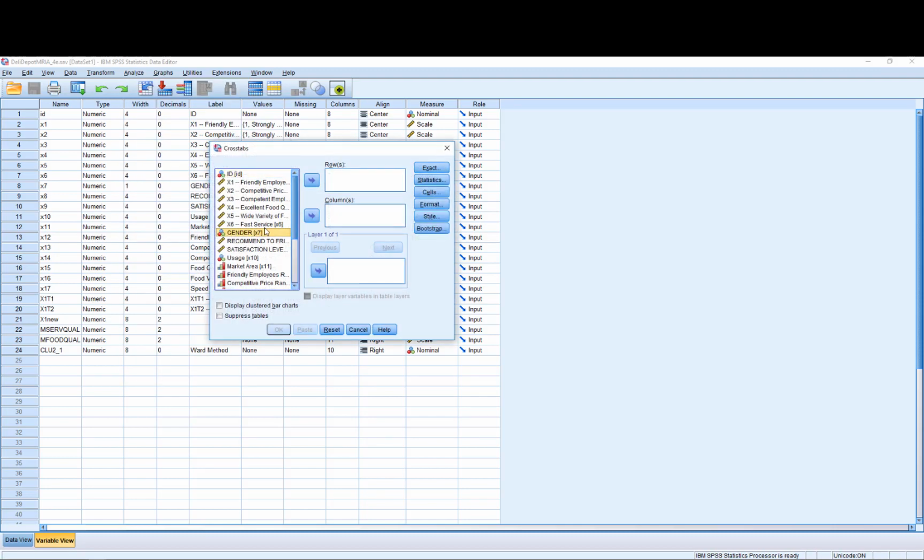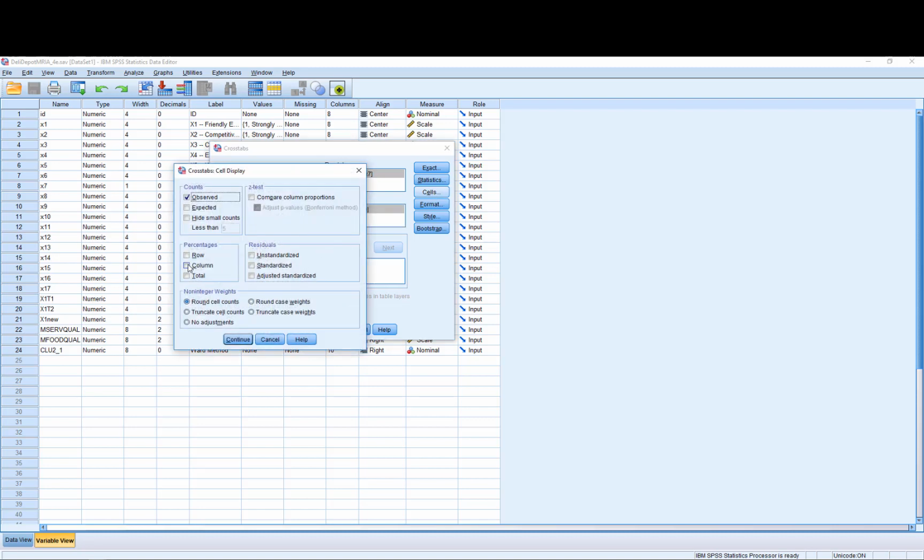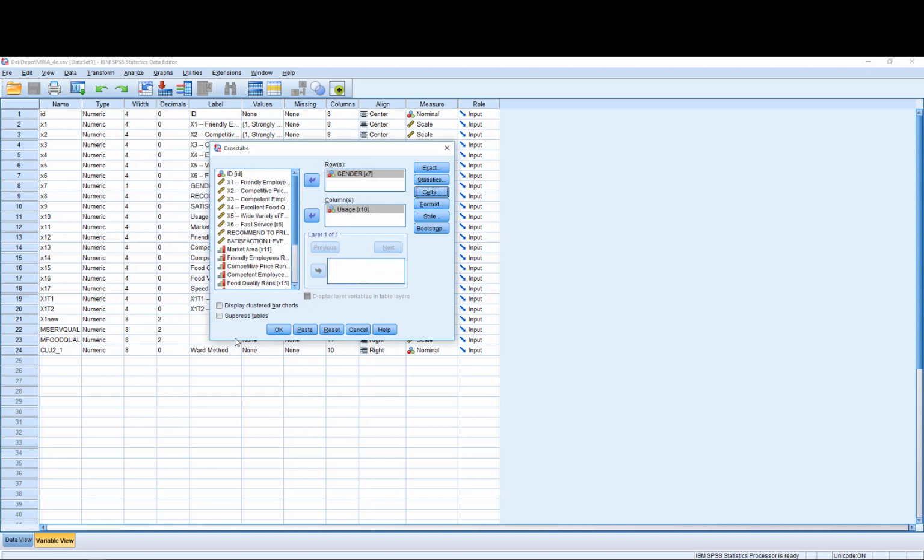I'm going to put gender in the row and I'm looking at usage in the column. I ignore statistics at this point and I go to cells, and I can select the percentages, which are some of the most commonly chosen. Often we also add expected, but I'm not going to do that for this purpose.